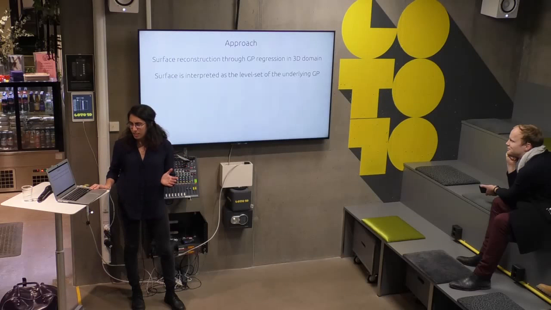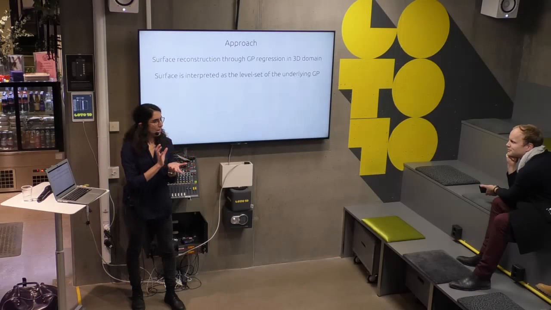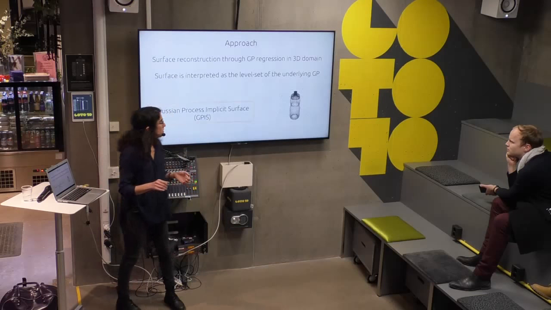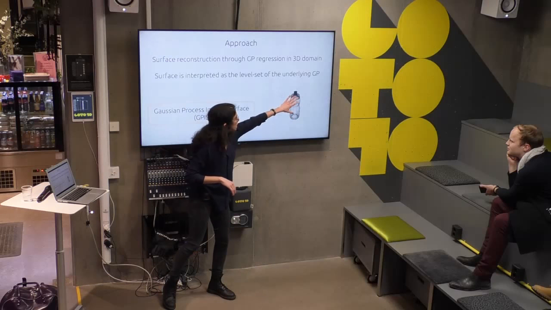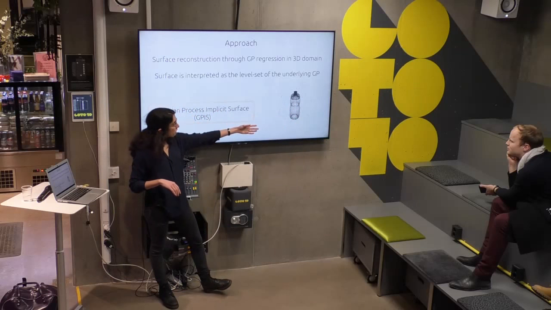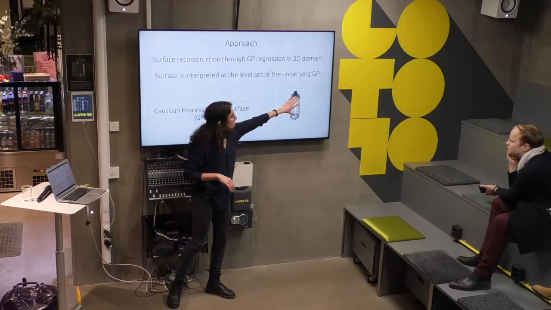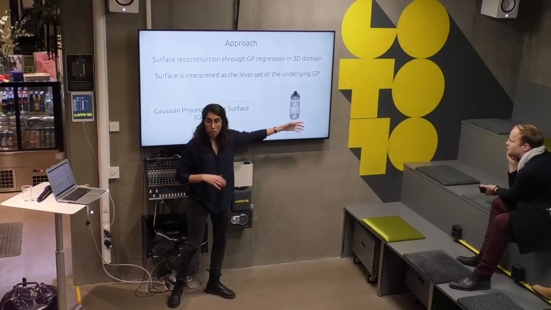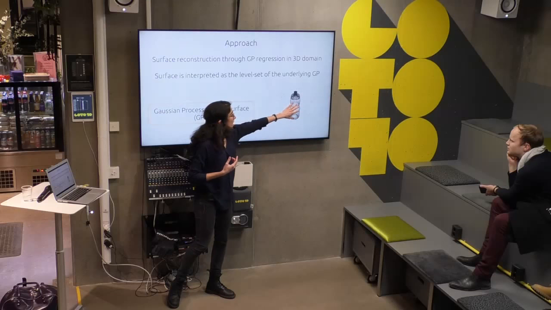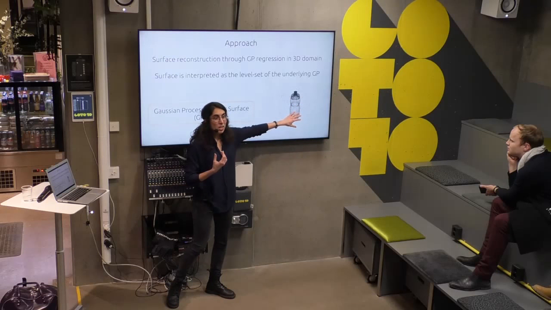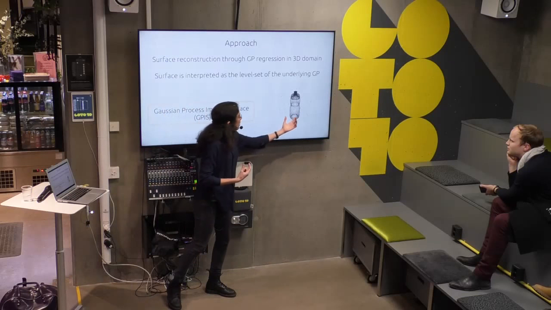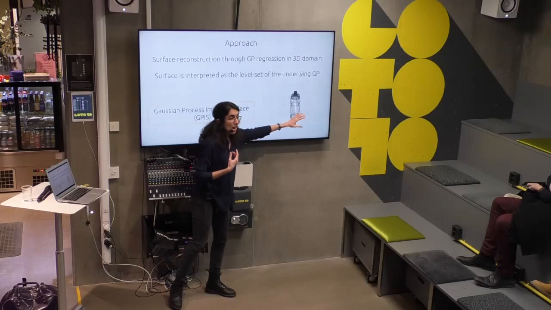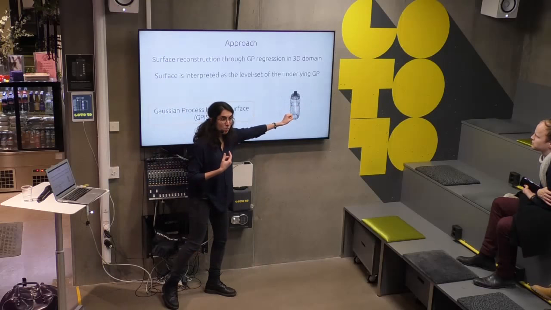But how can we guarantee that this is going to be closed? We are going to induce this by, look, here is an example of a point cloud. The black points are the surface points. These are our observations, and we are going to match them to the value 0. And we are going to add some additional points, both outside and inside the object.